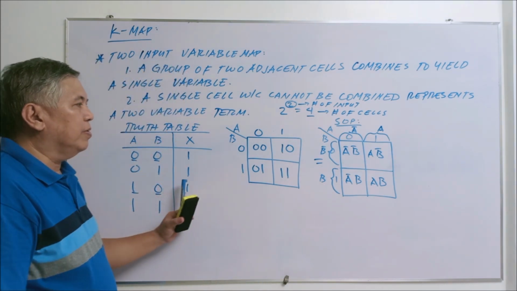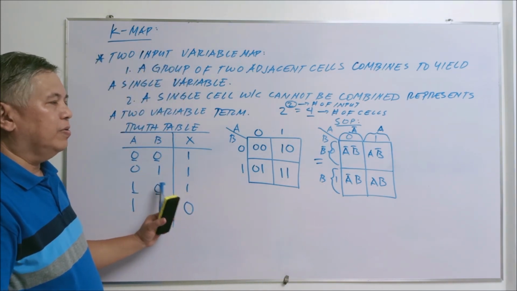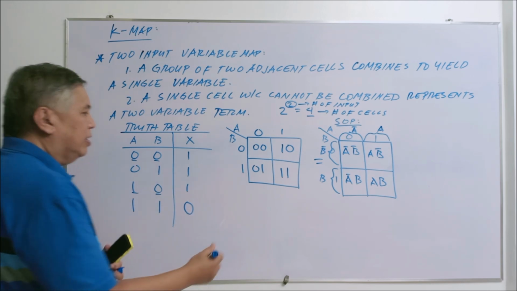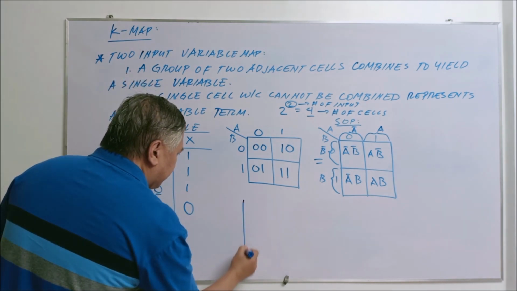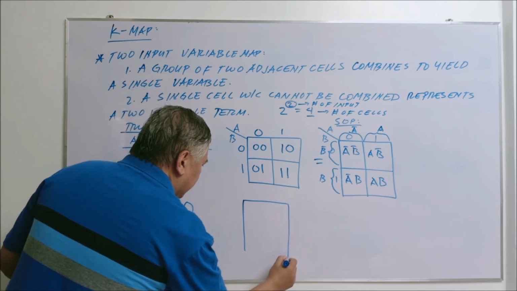Now, if we represent the table using our K-map, this will be our K-map representation of the table.